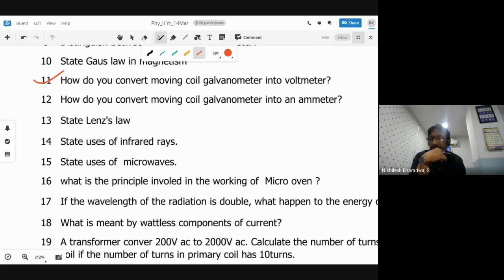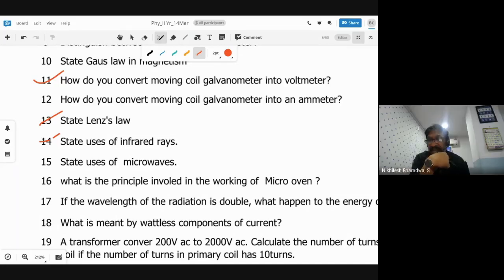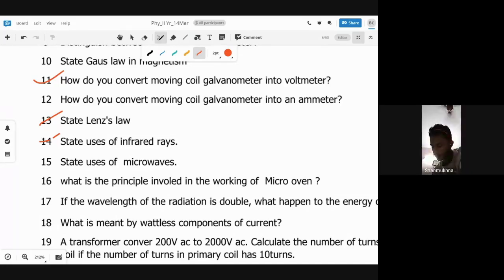Uses of infrared rays. Nobody is giving any words. Physiotherapy. Next, then growth of crops, military areas, photography in fog.